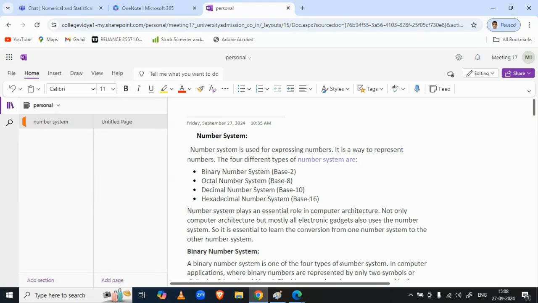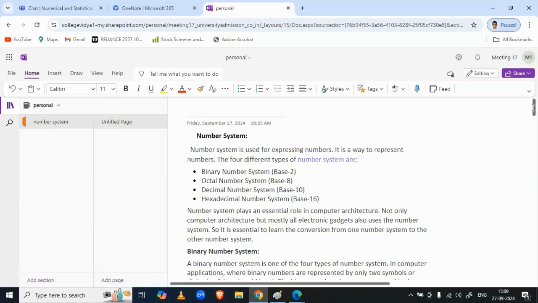The hexadecimal number system has a base or radix of 16 because it uses a total of 16 symbols to represent numbers. The symbols are the numbers 0 to 9 and the alphabets A to F. Is it clear? Okay.